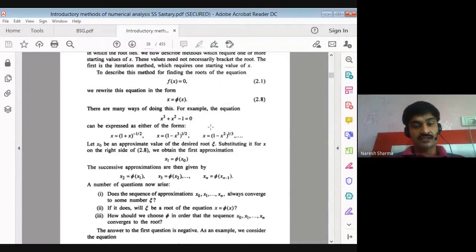So you can just check the derivative of the right hand side, and if that derivative for the interval 0 to 1 is less than 1, then you can prefer these also, else not. So in our example we can go with this first form. You can check the remaining also, right?